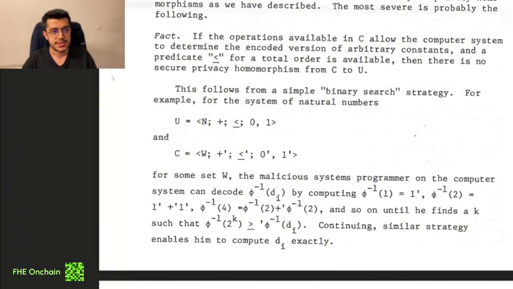A malicious systems programmer on the computer system can decode the encoding of di by computing the encoding of 1 and the encoding of 2, and so that they could solve the underlying problem, and find a number k such that the encoding of 2 to k actually reveals the encoding of any data they want to reveal.